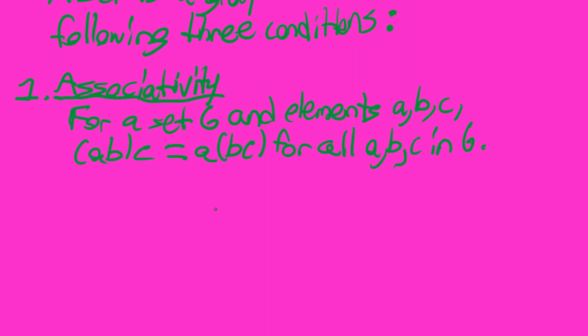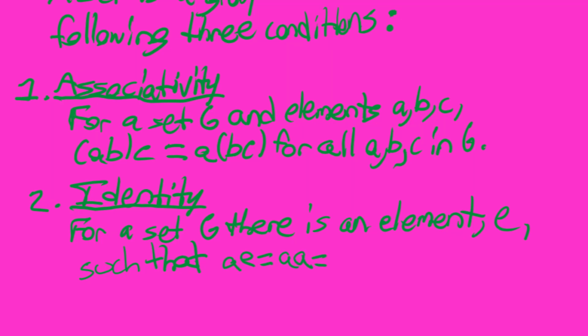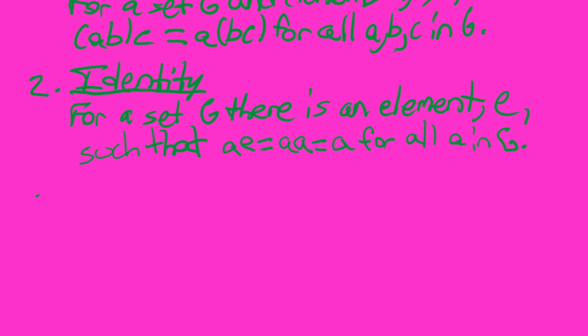And then we have an identity. So for a set G, there is an element E such that AE equals EA equals A for all A in G. And then the third one is inverses.